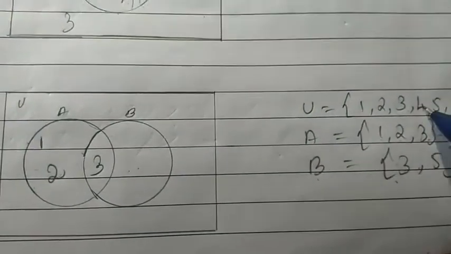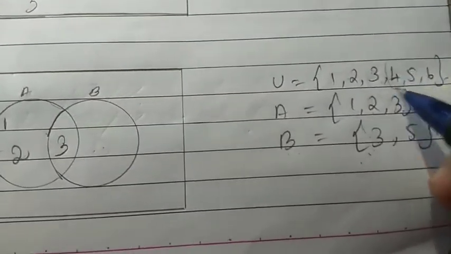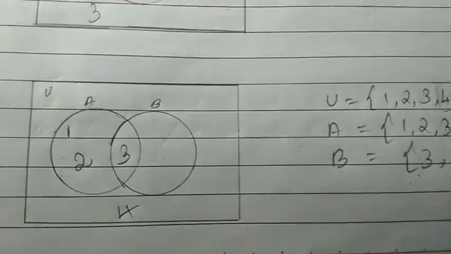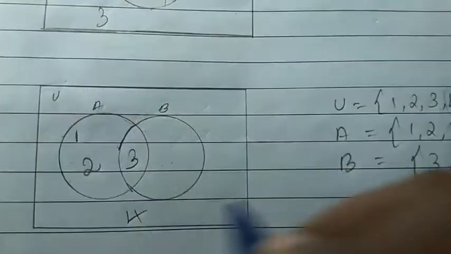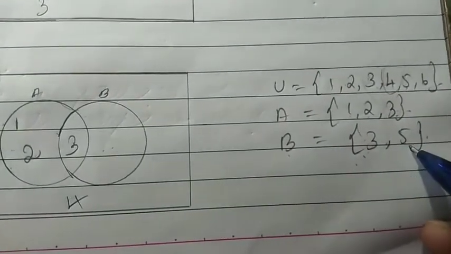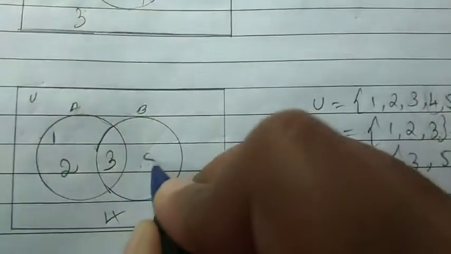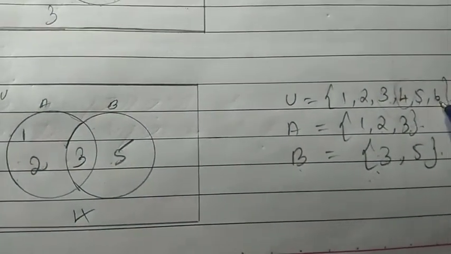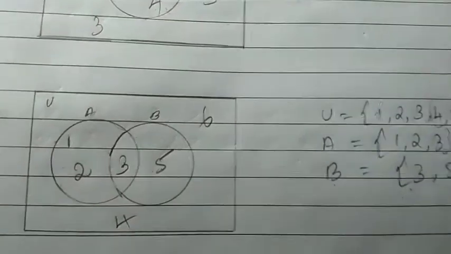Next 4. 4 is only in the universal set, so I will write it anywhere inside the rectangle but not inside the circle. 5 is not over here but over here in B, so I will write 5 here. Then 6 is present only in the universal set, so I will write 6 here.